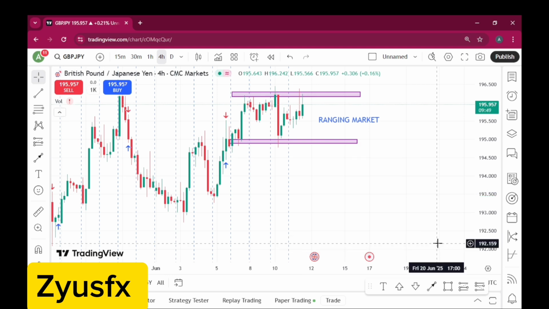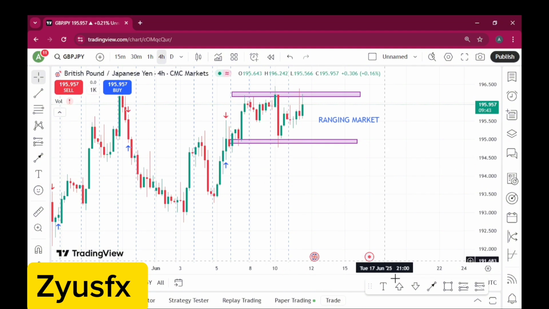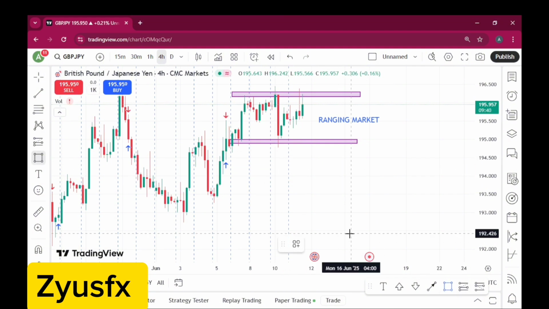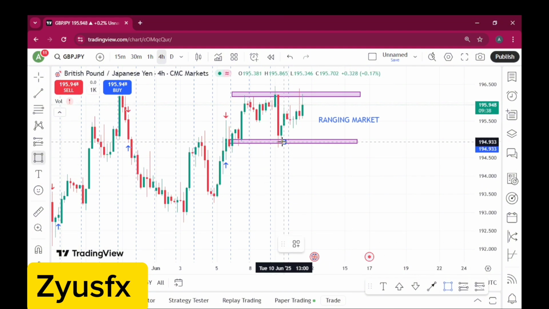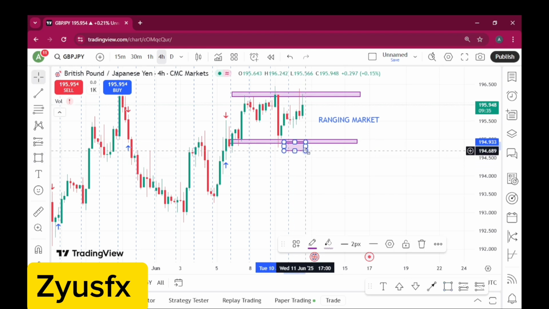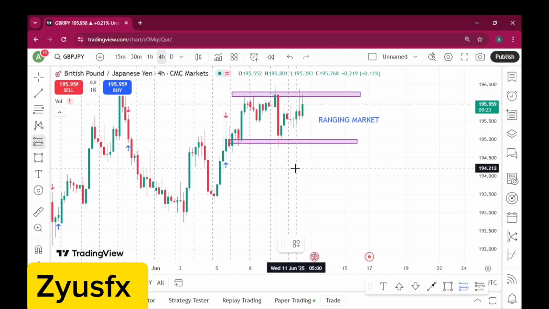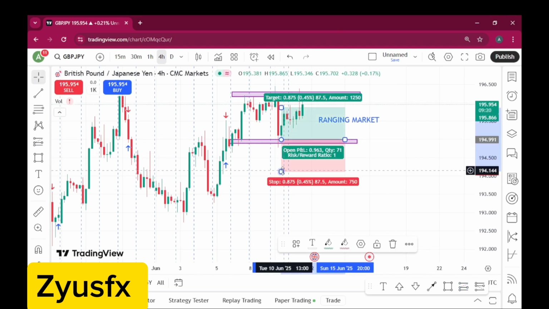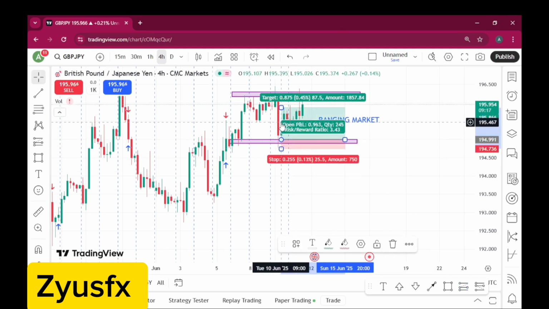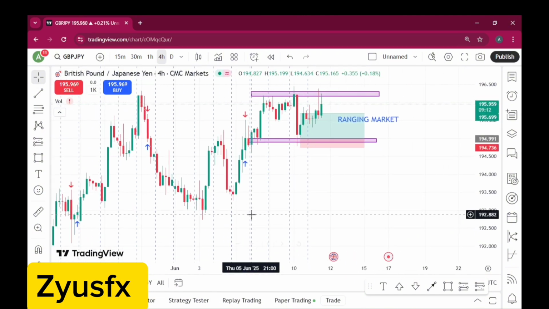During the London and New York session overlap, 2 hours overlap, the market is very volatile, and any trade you take at that time, because of the volume and the volatility, there's a higher chance your TP is going to be hit, because there's a lot of volume in the market. But if you take a trade during the Asian session, because of the low volume in the market, price might be moving sideways and your TP might not be hit, price will just be consolidating. So always keep note of the time you are trading.